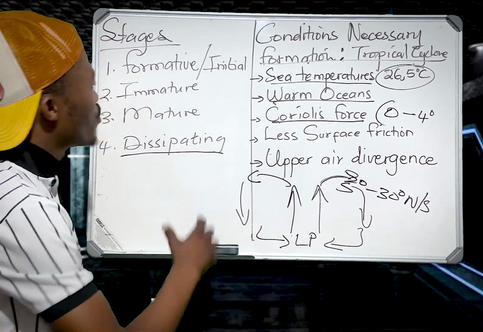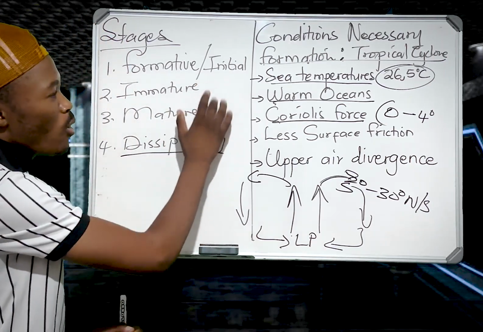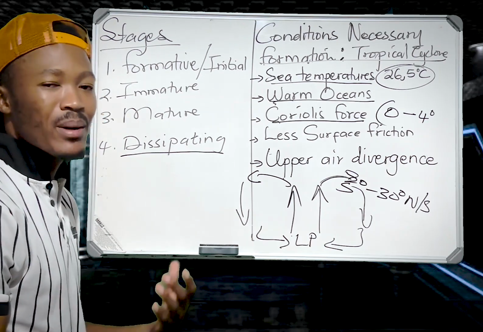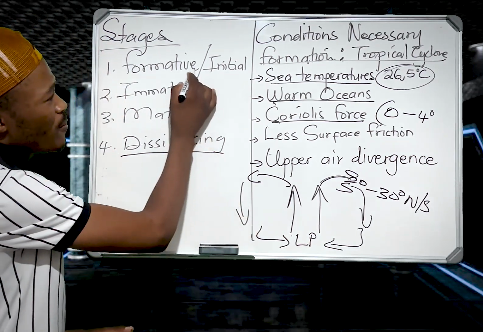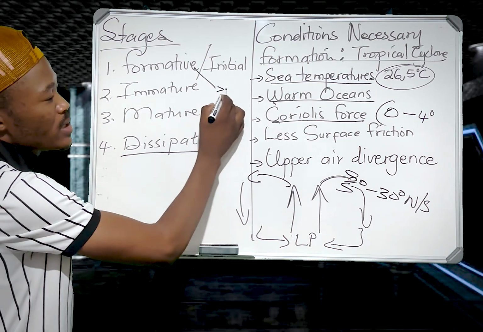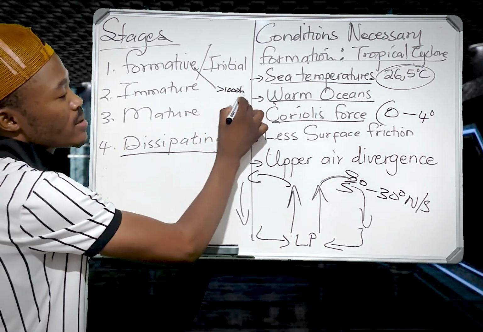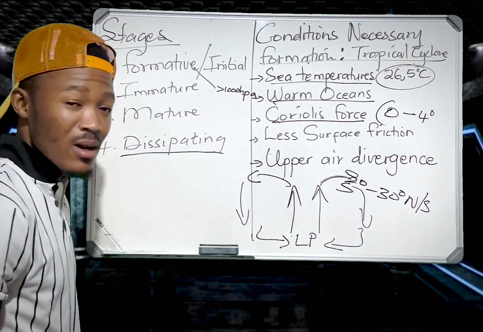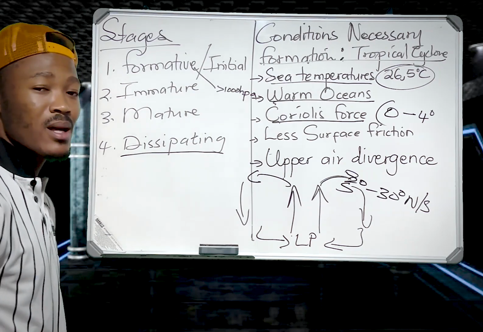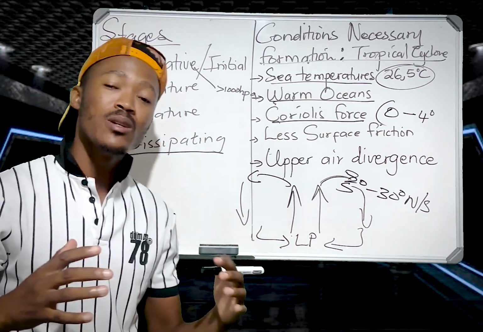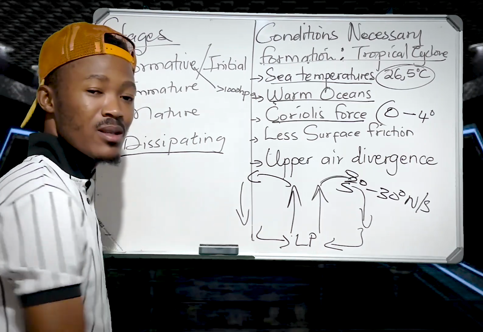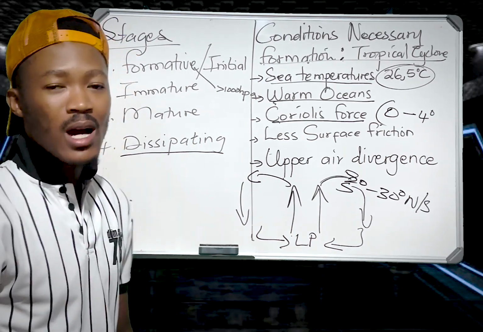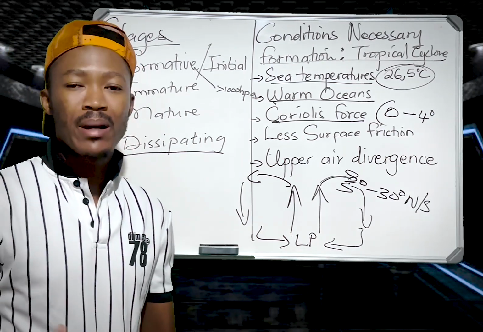Now, what is important for you to remember in all of these stages is how the pressure changes in each of them. In the formative stage, you still have your pressure reading that is still above 1,000 hectopascals. And when you look at your synoptic weather map, you're going to see your isobars around the low pressure system further away from each other, signifying a weak pressure gradient.